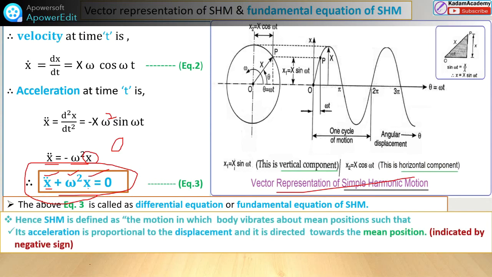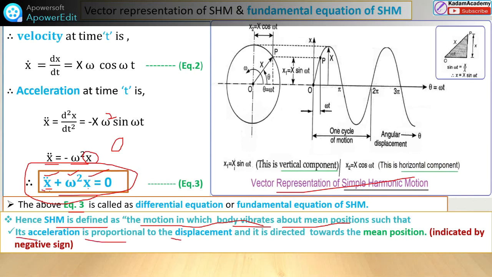In conclusion, equation 3 is nothing but the differential equation or fundamental equation of SHM. Hence, SHM is defined as motion in which the body vibrates about its mean position such that its acceleration is proportional to the displacement.